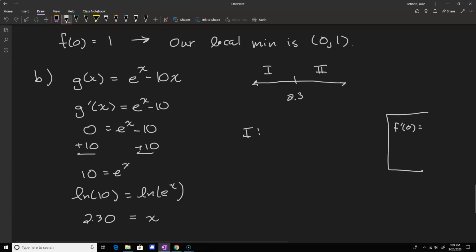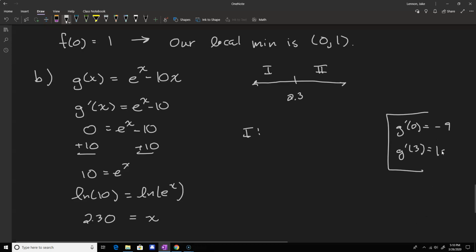So plugging it in over here into g prime of x equals e to the x minus 10, that would be 1 minus 10, which comes out to negative 9. And we want to plug in something on the other side, say g prime of 3. That's a value in region 2. So if you do e to the third power minus 10, that comes out to about 10.09.